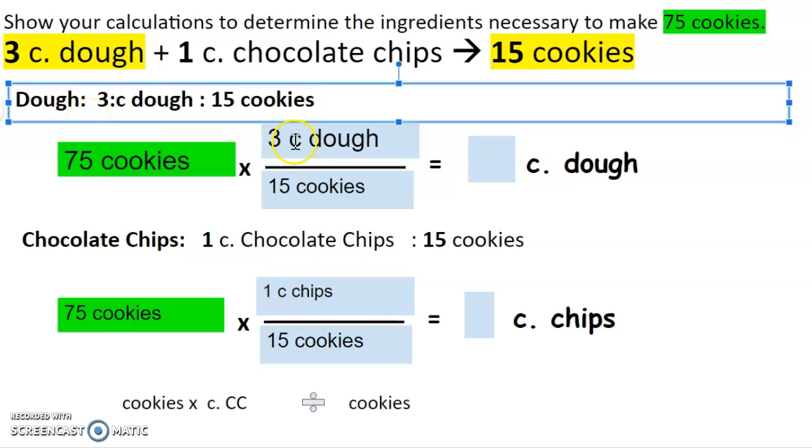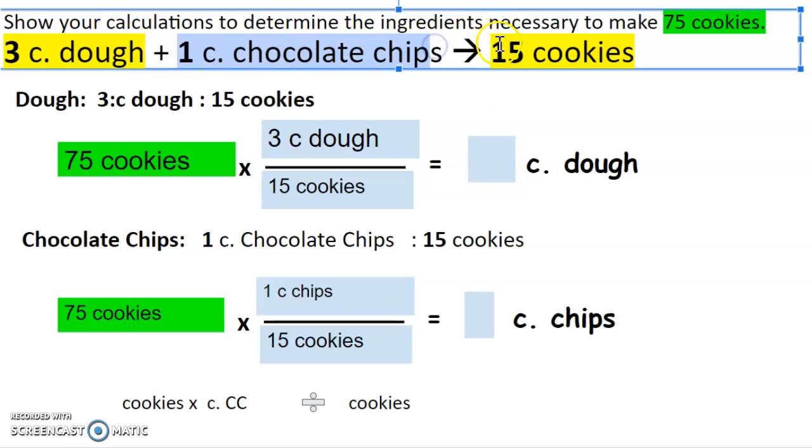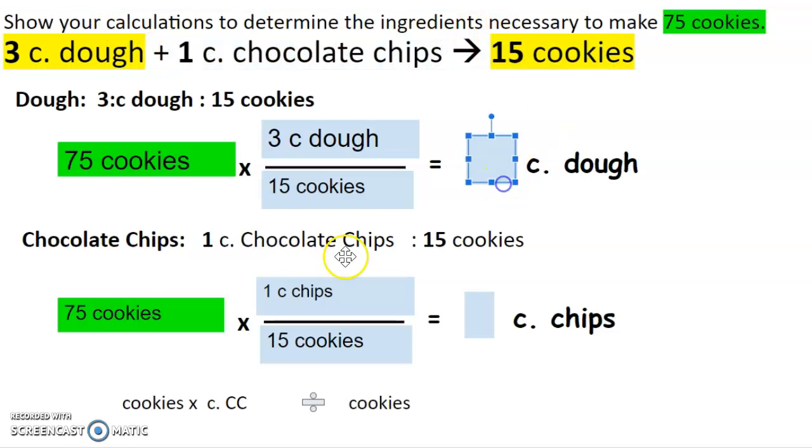So same, you would put the 3 cups of dough for every 15 cookies. 75 times 3 divided by 15. And then you'll get your answer. So try that out. Then on the next one, we're finding chocolate chips. Our ratio is 1 cup of chocolate chips to 15 still. So you'll do 75 times 1 divided by 15 and input your answer.